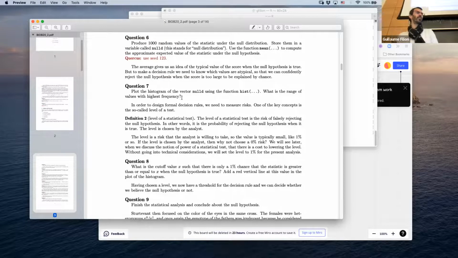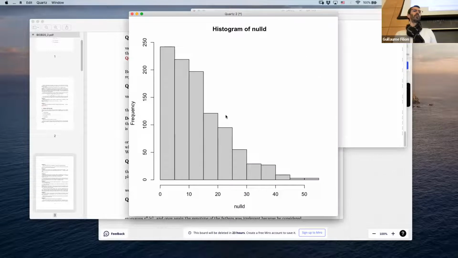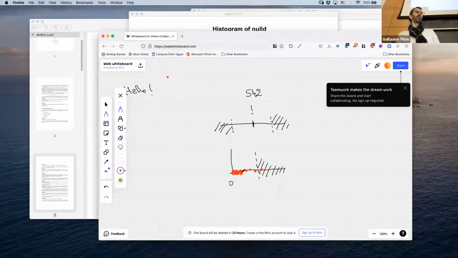Okay, so we just have the histogram of the null distribution. And what we were saying is that this distribution here, we want it to be as different as possible from the distribution when the null hypothesis is false. But we don't know exactly the distribution when the null hypothesis is false. All we know so far is the distribution when it is true. And that corresponds to these little red dots that I have put here.